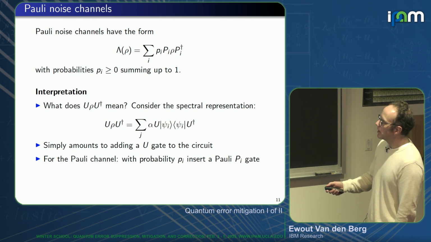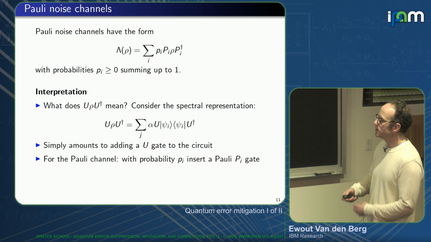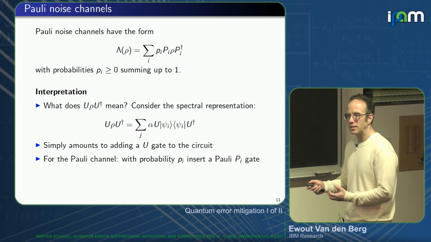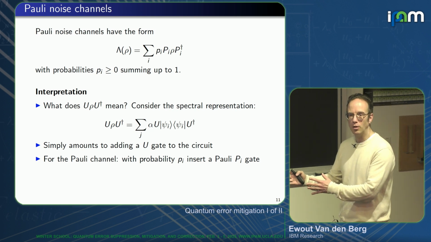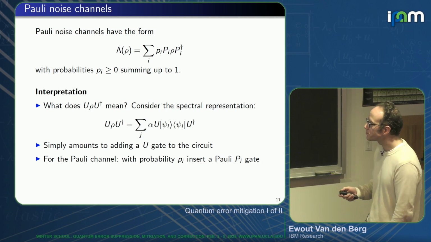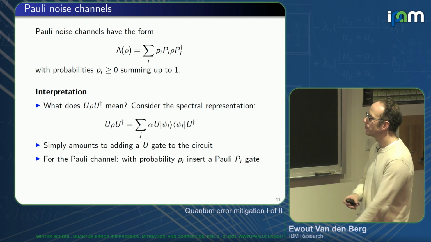And so here, what does P_i rho P_i dagger mean? It's just you applied the gate, let's say. So one way to see this is with probability p_i, you apply some Pauli operator to the state, where the probabilities here are non-negative and sum up to 1.